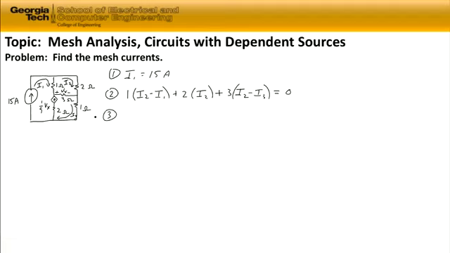And now we have a third loop that we want to look at, down here in the lower right-hand corner of our circuit. Starting in the lower left-hand corner, we have a 2 ohm resistor that we can find the voltage drop for. And then we encounter the dependent source, and we don't know what the voltage drop is for this dependent current source.